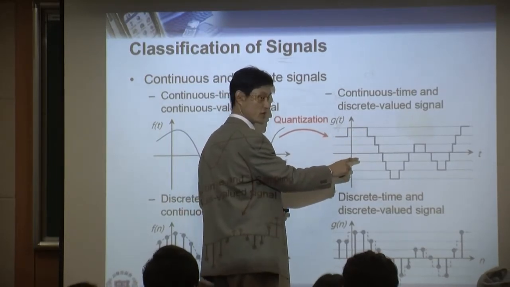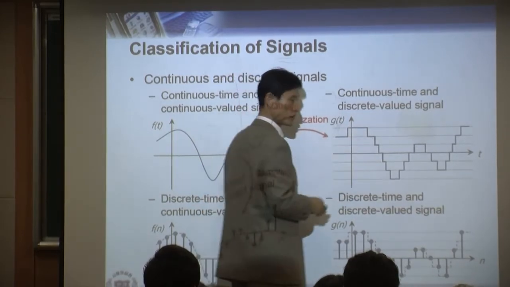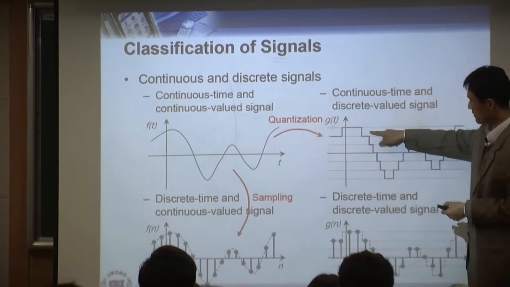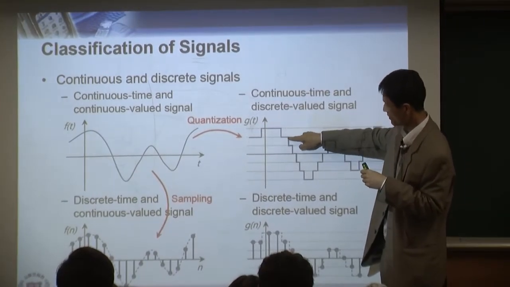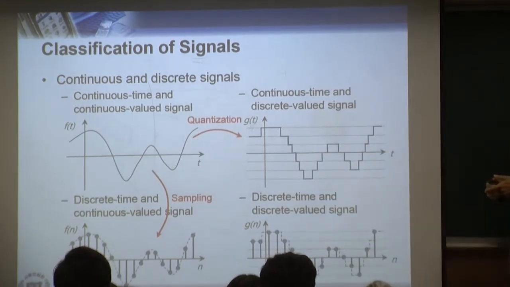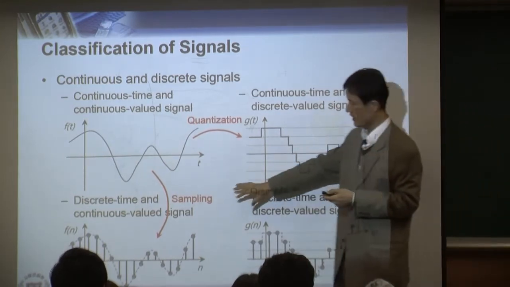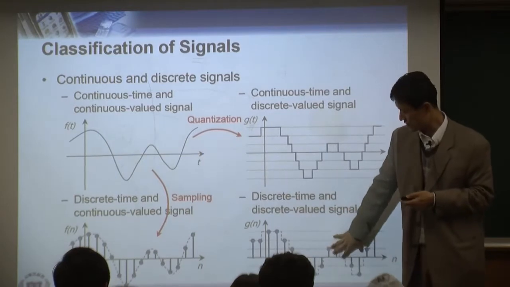You can never have a value in between. Your output is never going to have this value. Your value should be here or here or here, one of these. So that's quantization. Eventually, when you apply the sampling and quantization, this signal now changes to this signal.